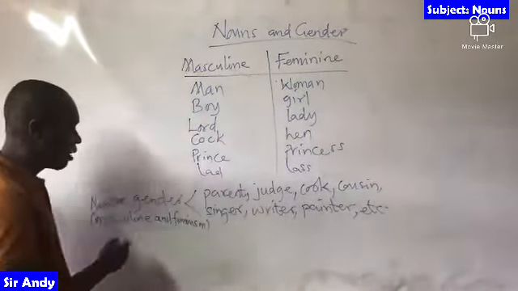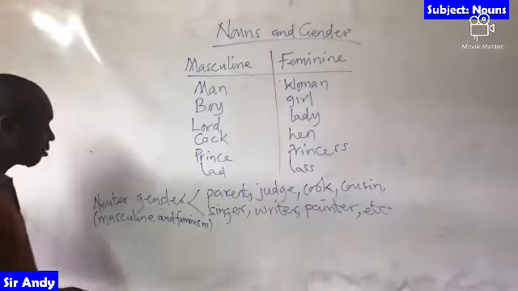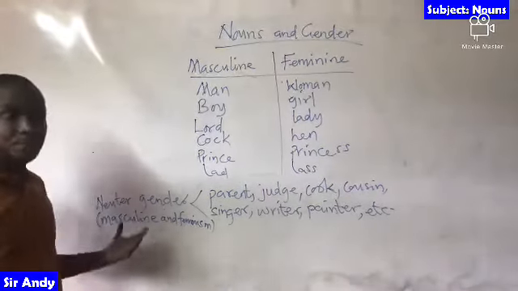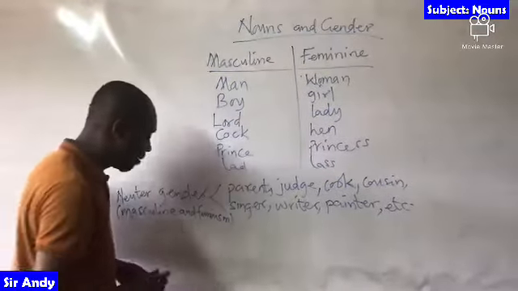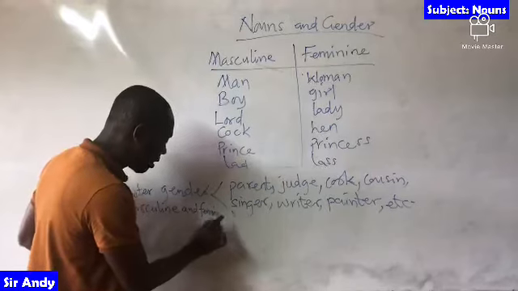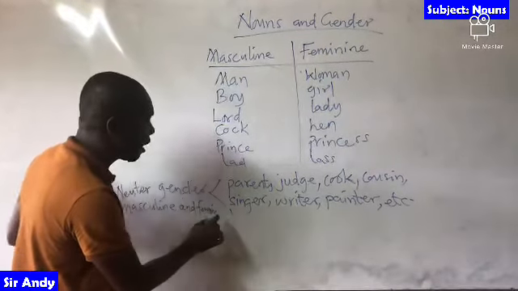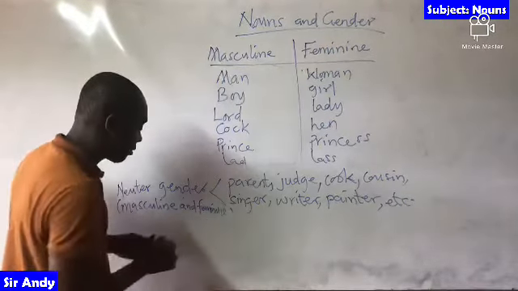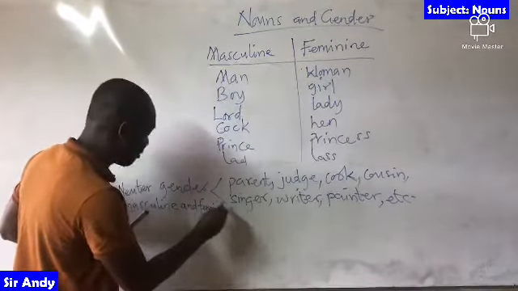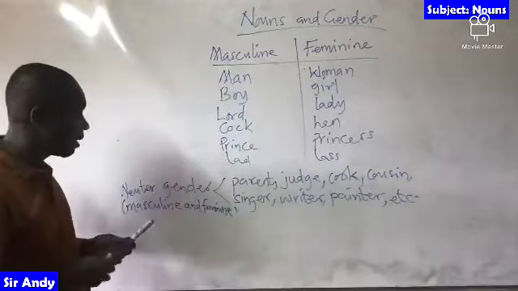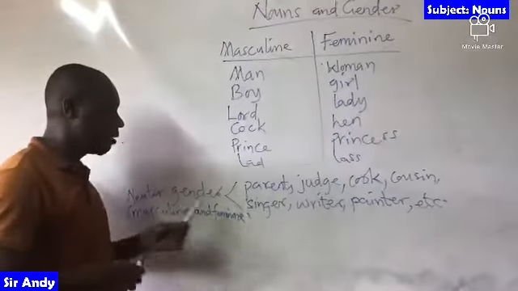And we have also some nouns which could be regarded as both masculine and feminine, right? I regard that as neuter gender. And then we have parent.